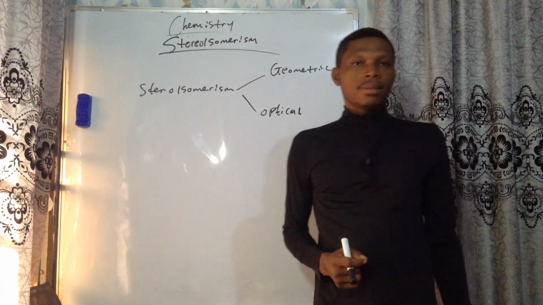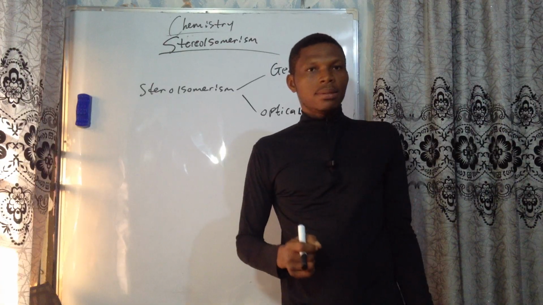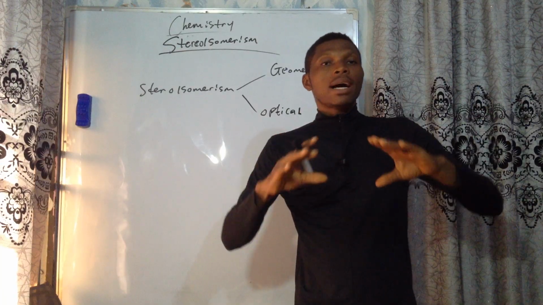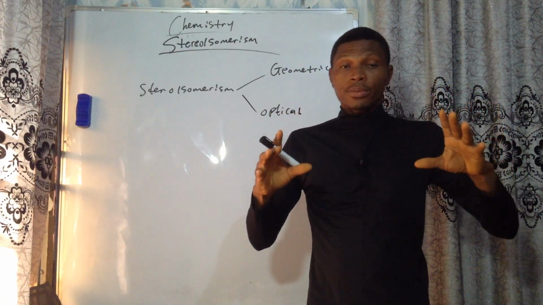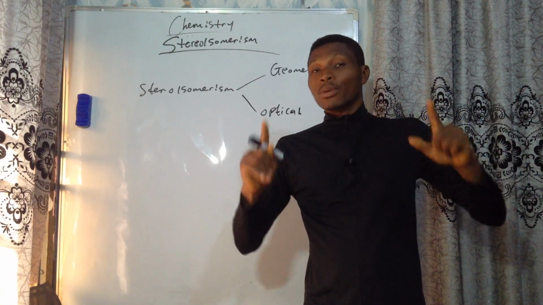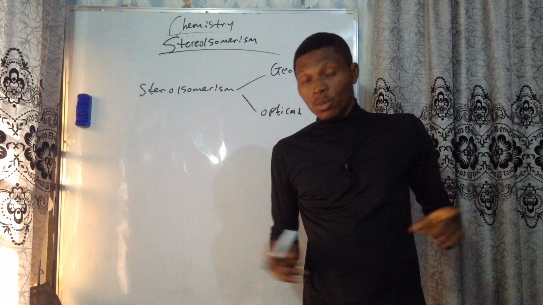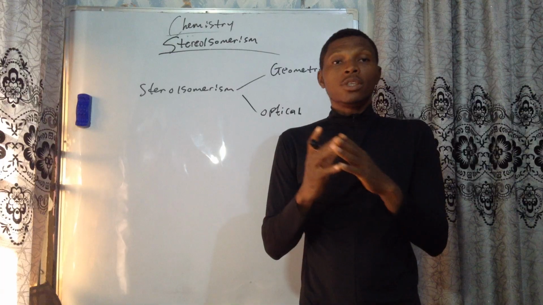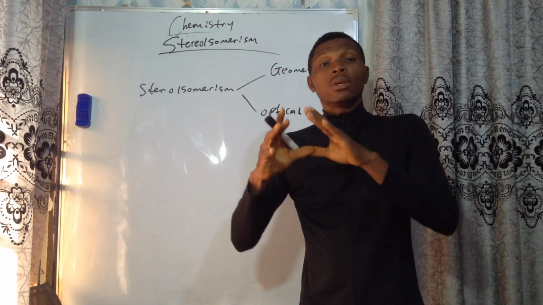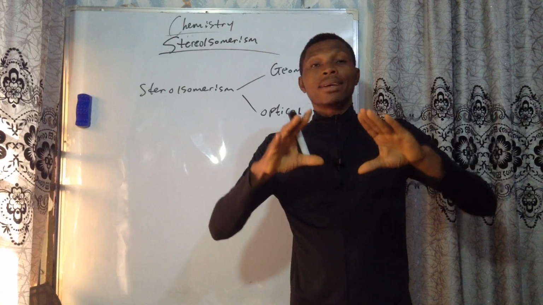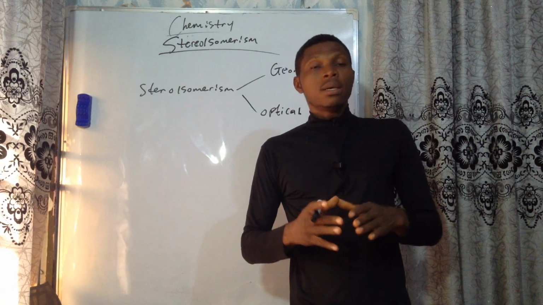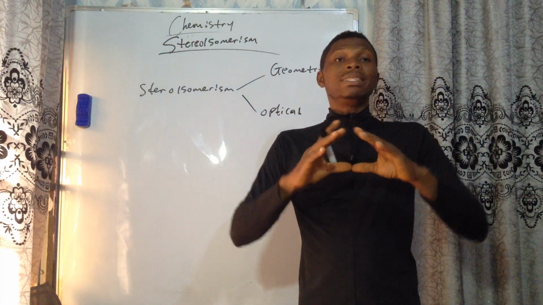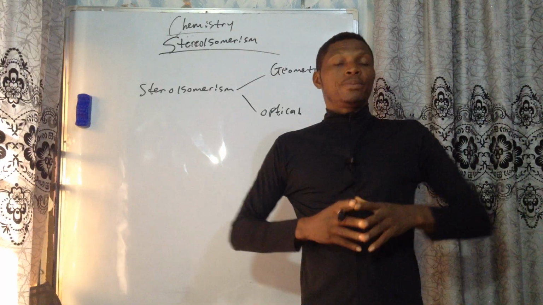Stereoisomerism is the existence of isomers with different spatial orientation of atoms or group of atoms about a carbon to carbon double bond, or a ring structure, or a carbon attached to 4 different functional groups.